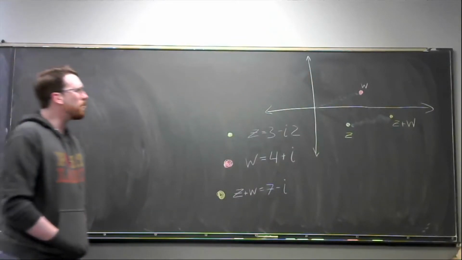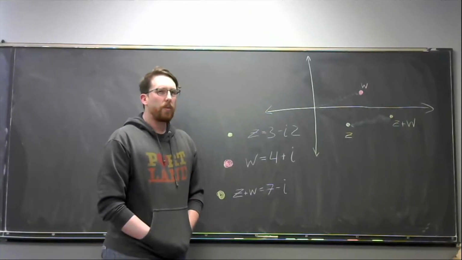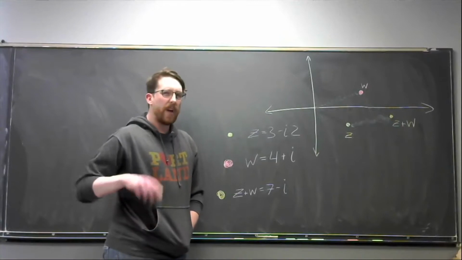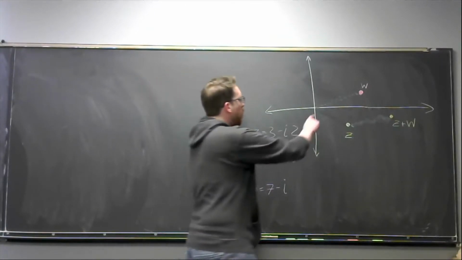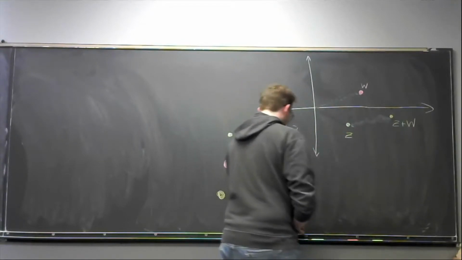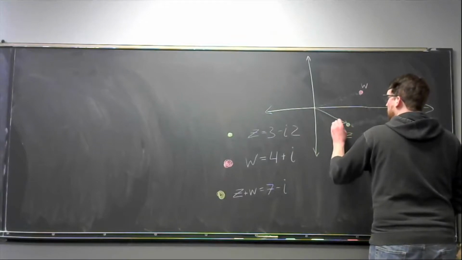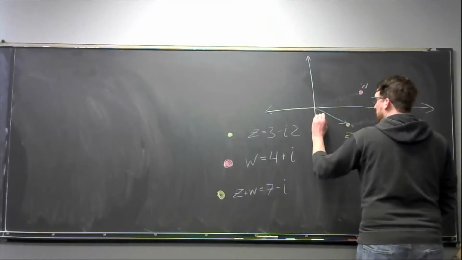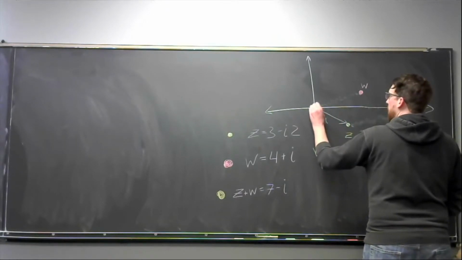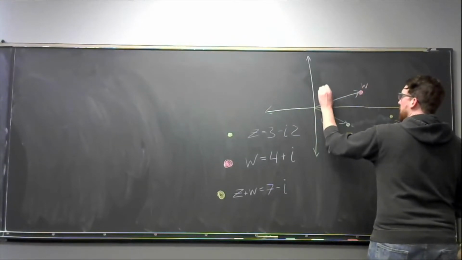For a moment, let's imagine that we have vectors from our origin to w and from our origin to z. So we've got these vectors here. First, we've got the vector u, then we've got the vector v.